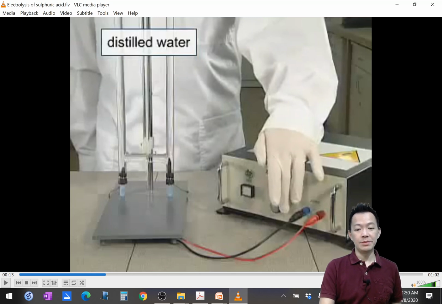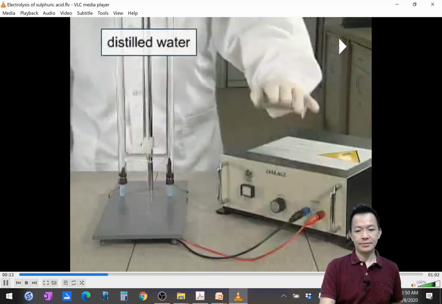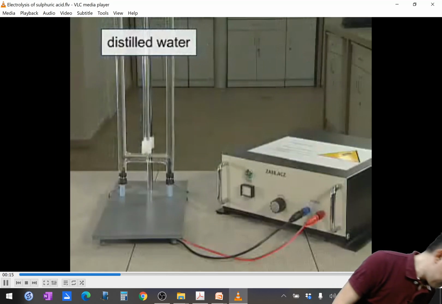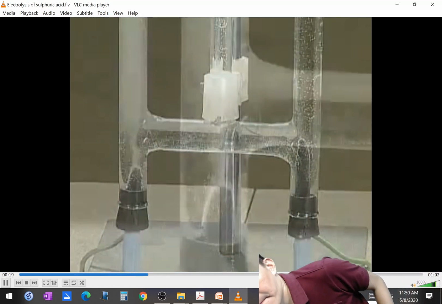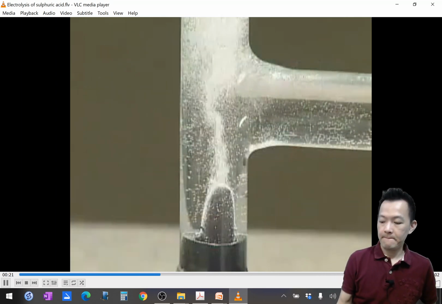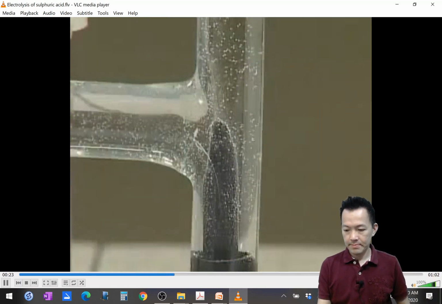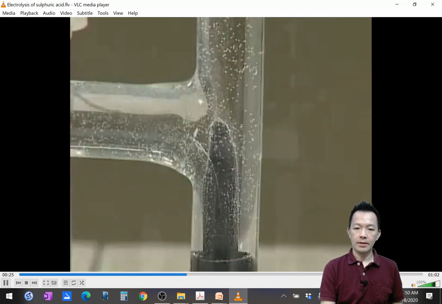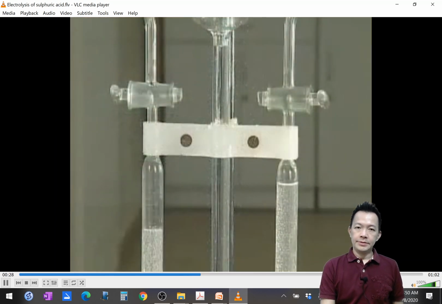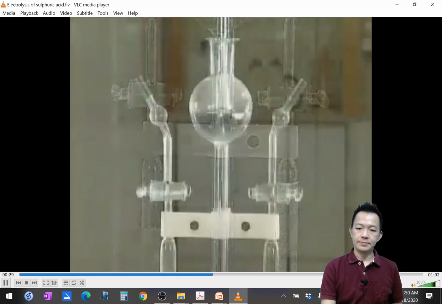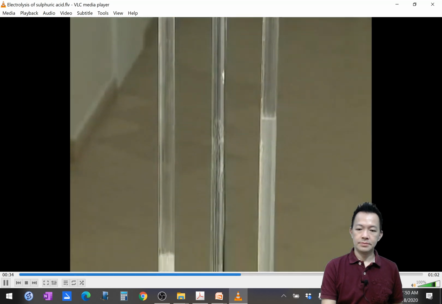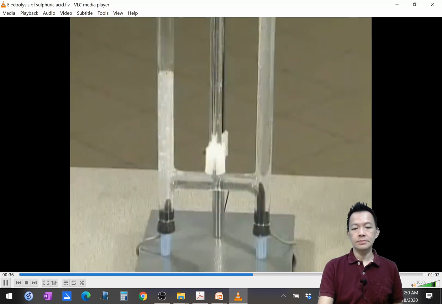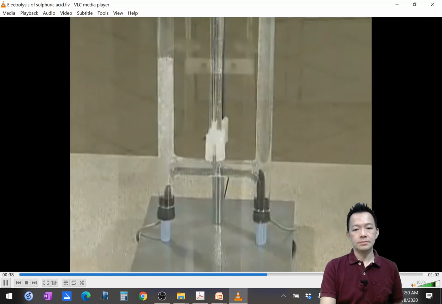Observe a slow evolution of gases. After some time, we notice that the volume of the gas released at the cathode is double that of the gas formed at the anode.